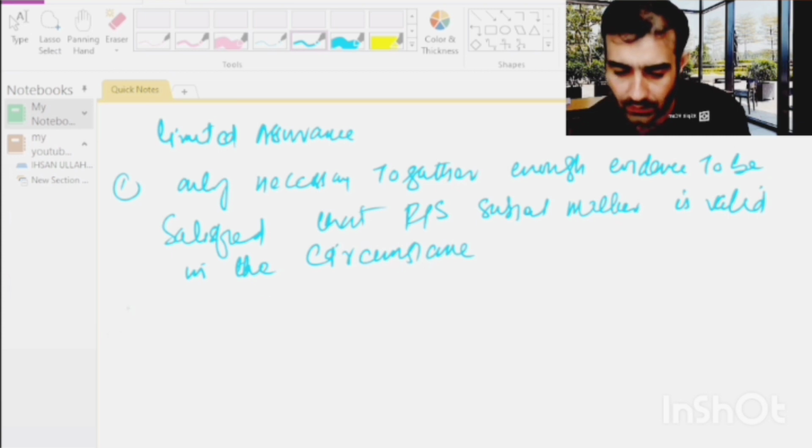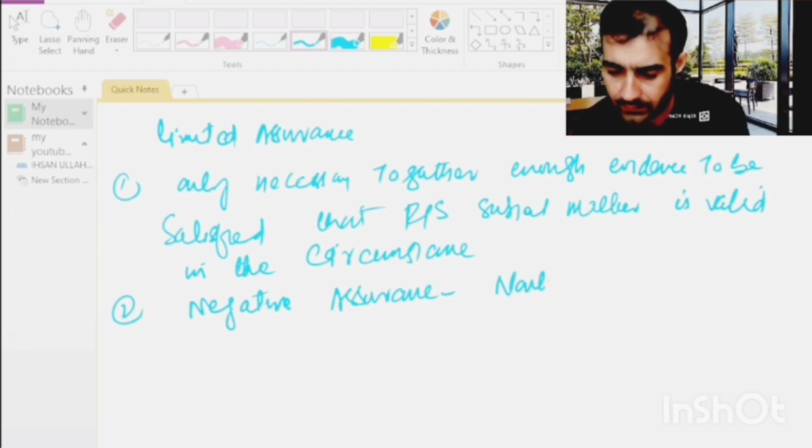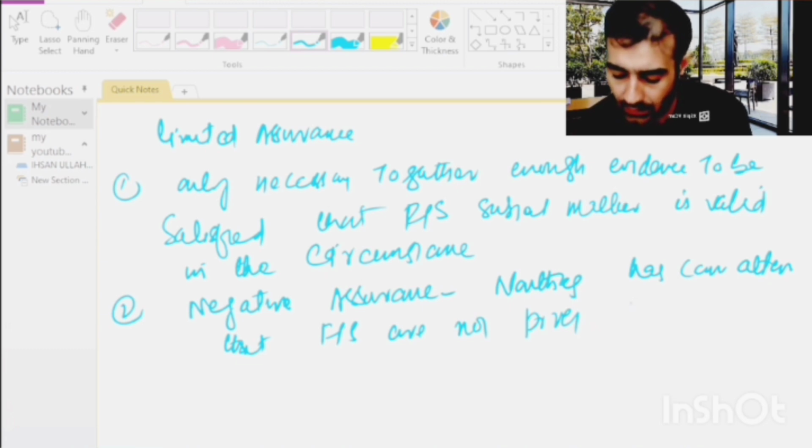Okay, and here the auditor will give negative assurance, and negative assurance means that nothing has come to the attention that suggests that the subject matter, the financial statement, is not prepared in accordance with the applicable financial reporting framework. And you can also say that the example for this is a review engagement.